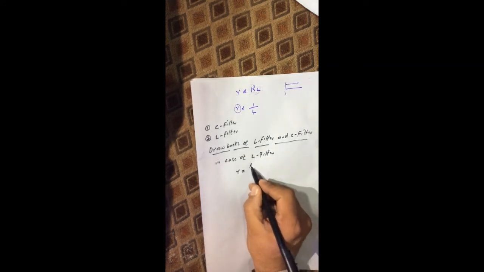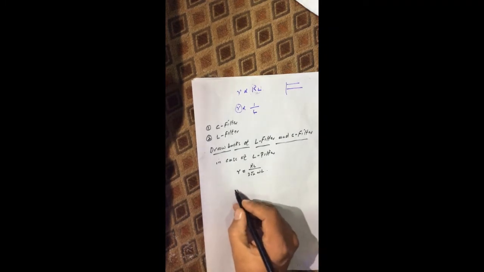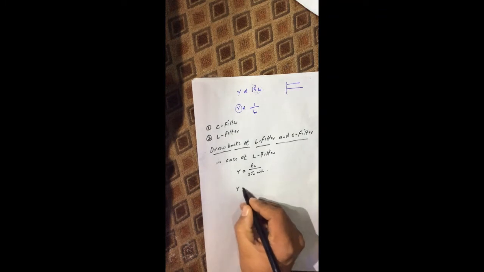We already derived this relation, which is RL over 3 into square root 2 omega L. Now, this equation shows that the ripple factor is directly proportional to the load resistance.